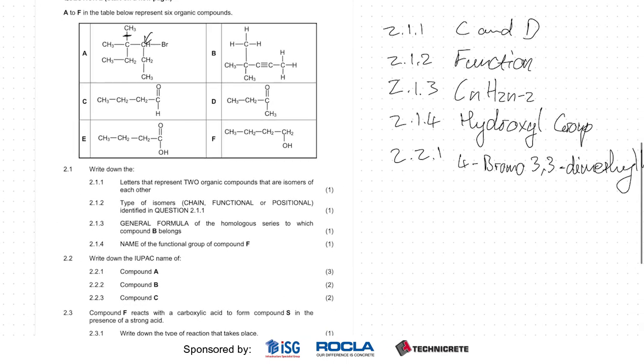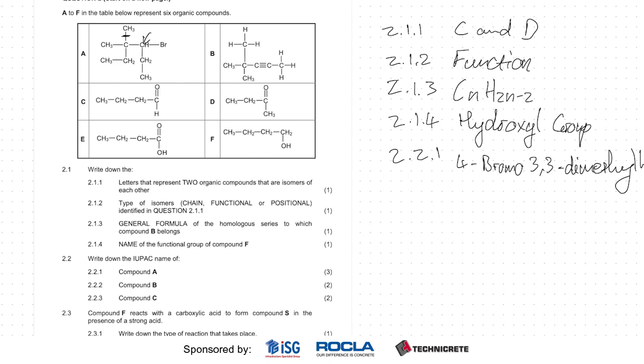Okay, compound B. Okay, so if we count this way, we have 5. If we count this way, we also have 5. I guess it doesn't matter, because whether we count this way or this way, either way we still have 2 methyls both ways. So it doesn't matter which way we count.